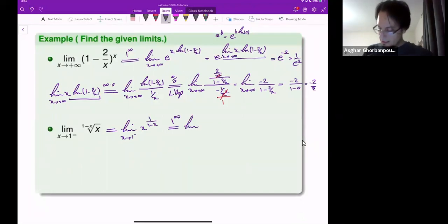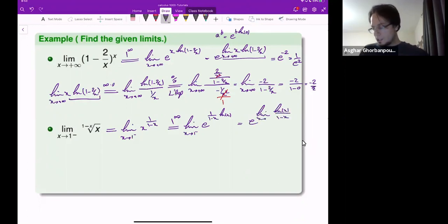Then we rewrite this as e to the power 1 over 1 minus x ln x as x goes to 1 minus, and take the limit inside. This is ln x over 1 minus x. So by just doing what I did there, writing as one fraction, I get rid of that infinity times 0, and I turned it automatically into a 0 over 0 case.